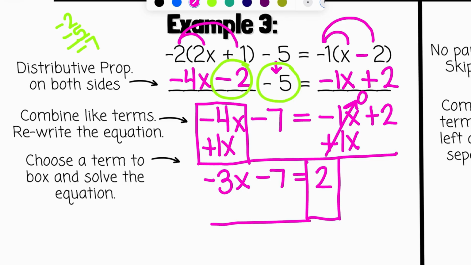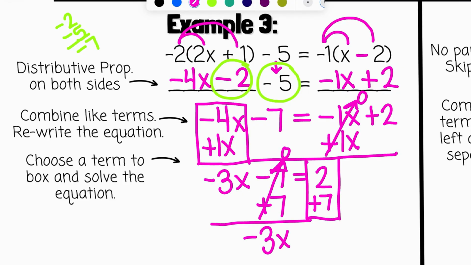Okay, from here you have to box the one that's by itself, which is the 2. It's a plain number, so I move the negative 7. The opposite of subtract 7 or minus 7, however you want to say it, is plus 7. Okay, these two make a 0 pair.